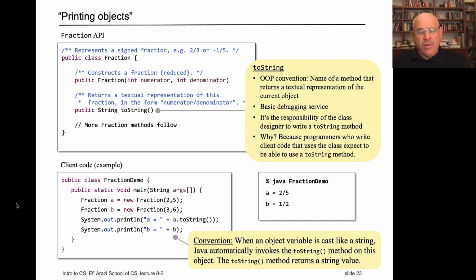In Java, when an object variable appears in the context of some string expression, as it does here, Java automatically invokes the toString method on this object, which is very nice. So whenever you want to print an object, you just give its name and the toString method will kick in and you will get a textual representation of this object. Very, very convenient. And now you see why it's the responsibility of the class designer to provide an implementation of toString, because it's so useful.